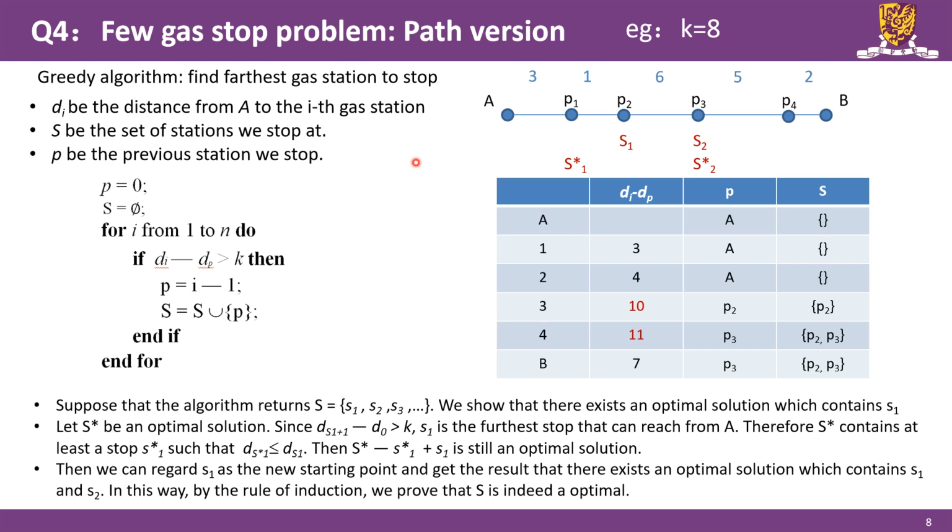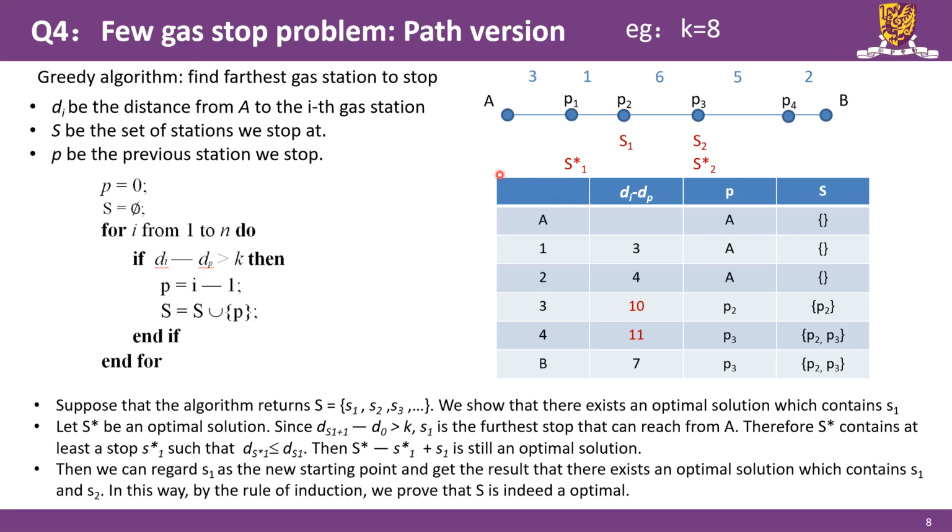For all these solutions, we will always find one solution that contains the first element of what this algorithm returns. In other words, we need to prove that what this algorithm returns will be one of the optimal solutions for this particular case.